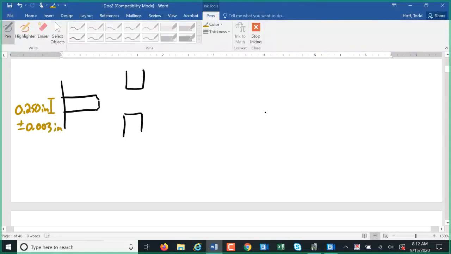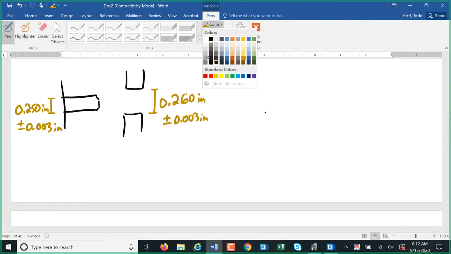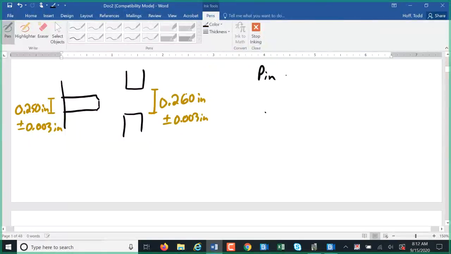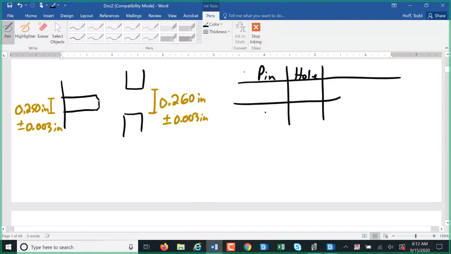So let's say we have a pin that's 250 thousandths plus or minus 3 thousandths, and a hole here that is 260 thousandths plus or minus 3 thousandths again. So we have our pin and our hole again.